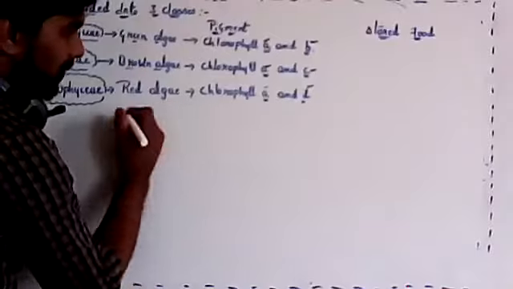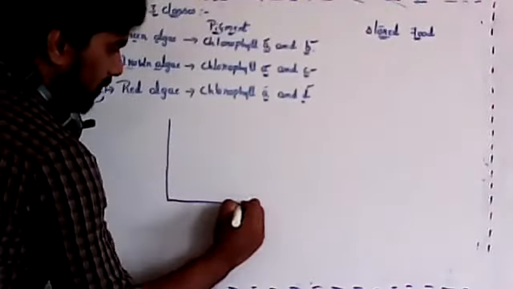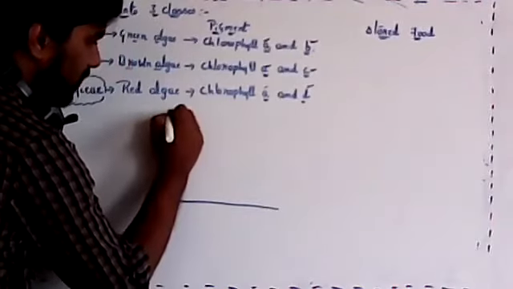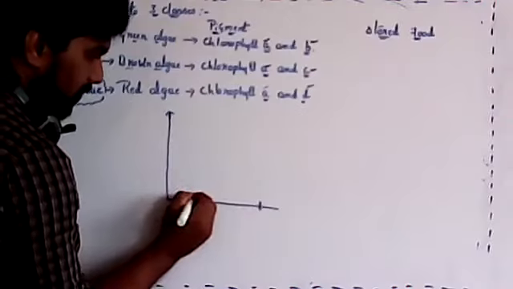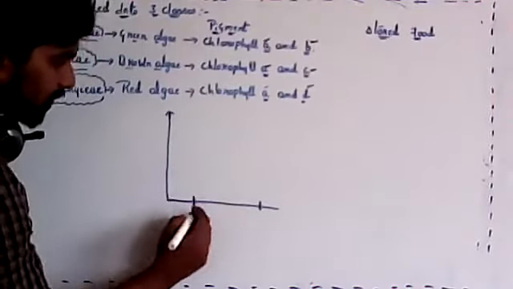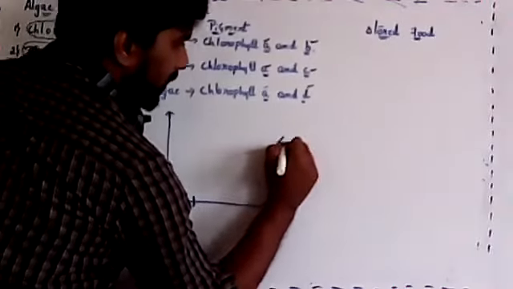So chlorophyll A and chlorophyll B, then chlorophyll C and D. There are different types of chlorophyll based on the wavelength of light that is absorbed. For example, I'll write here, nanometer. Visible nanometer, that is sunlight.